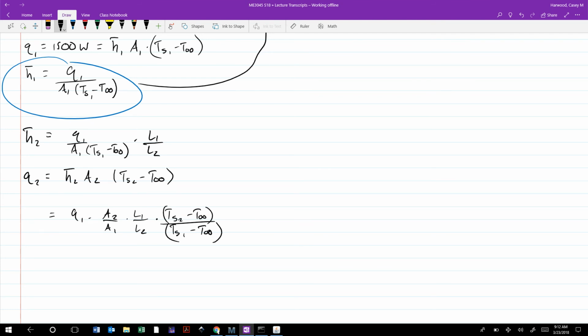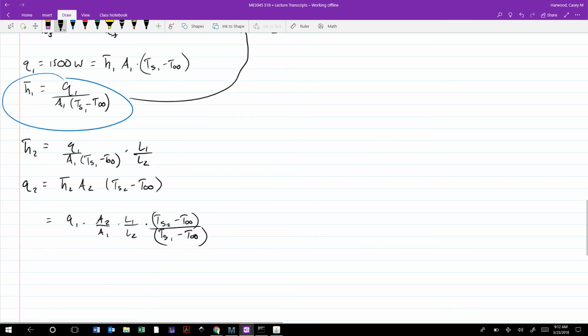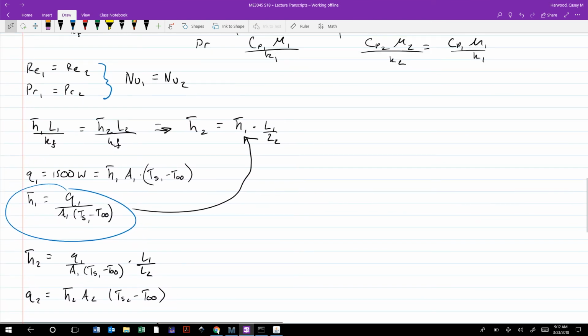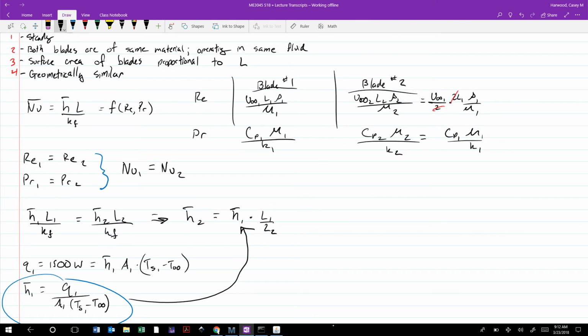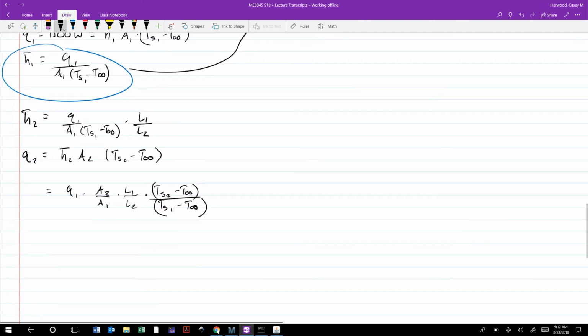If we look back at our assumption number 3, the surface area of the blades is proportional to L, then that means that A2 over A1 is equal to L2 over L1, which cancels out the L1 over L2 right next to it.